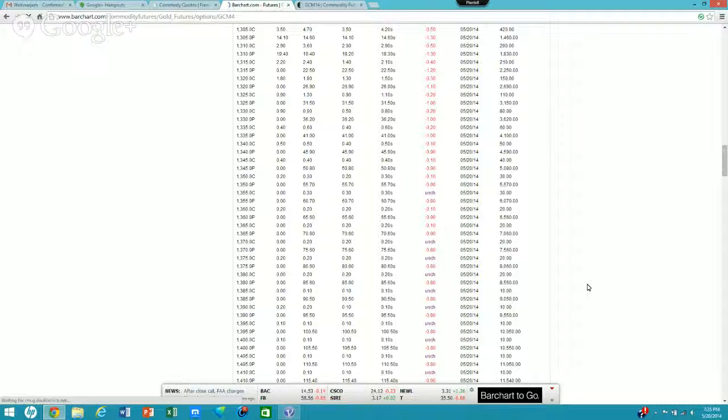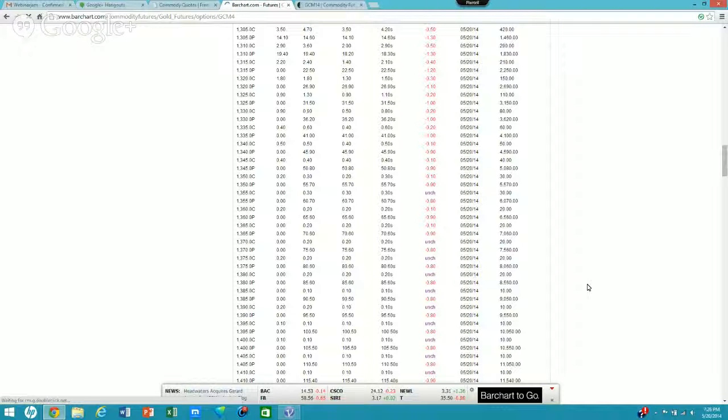And even if you didn't stay in it all the way to the very end, if you were to do a strangle or a straddle or any situation that was going to be a debit or a credit spread. A credit spread is where you collect money when you put the spread on. A debit spread is where your account is being debited. You're paying to put that trade on.